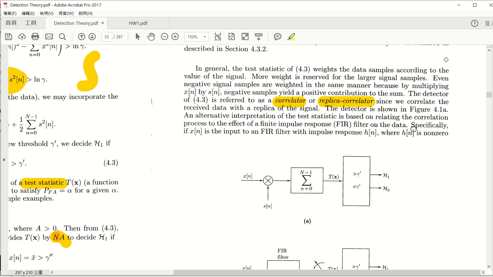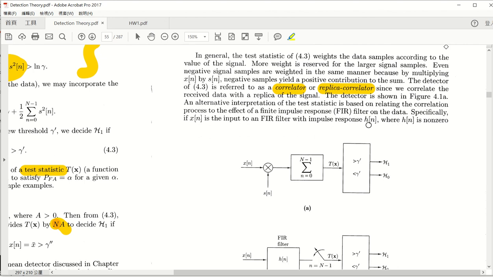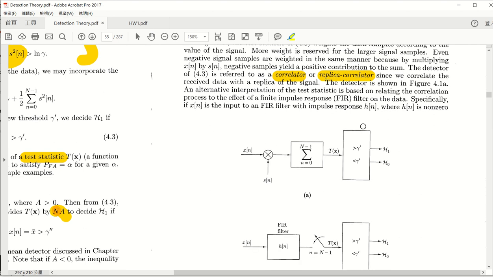So with a finite impulse response filter, if x of n is input to a filter with response h, then it will serve as something similar to correlation.